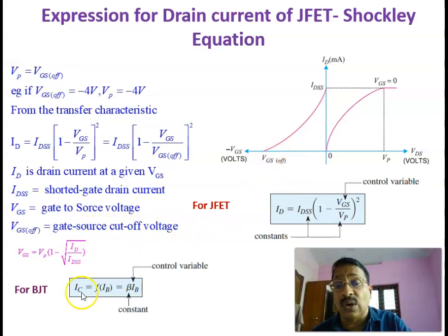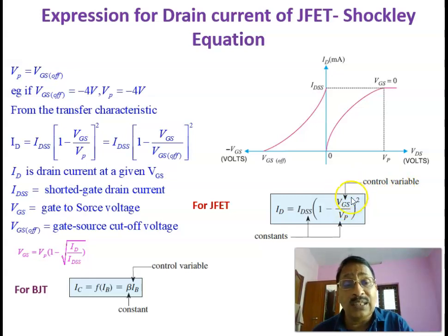This is the VGS off, and this is, as we have seen, the Shockley's equation ID equal to IDSS into 1 minus VGS divided by VP whole square. Looking at this equation, you can see that the control variable is VGS, the gate to source voltage. It's a voltage control device. JFET is a voltage control device.